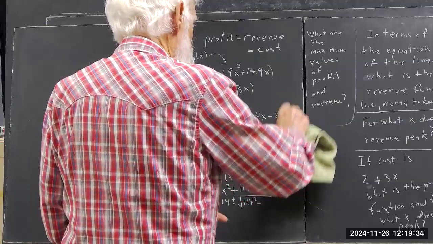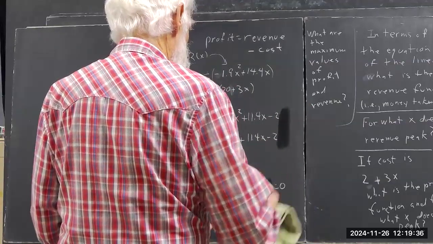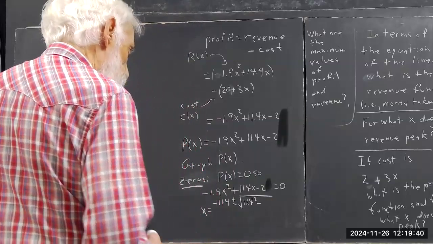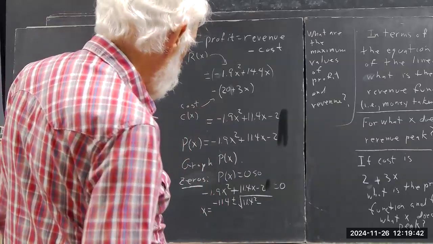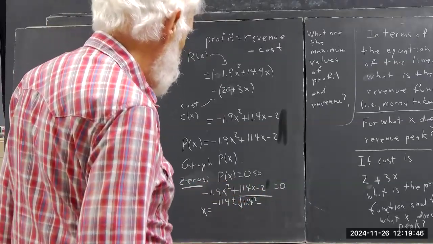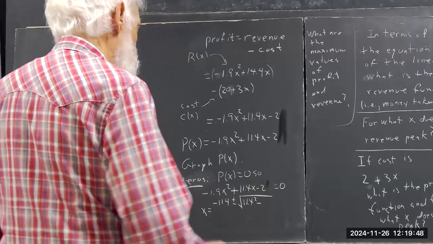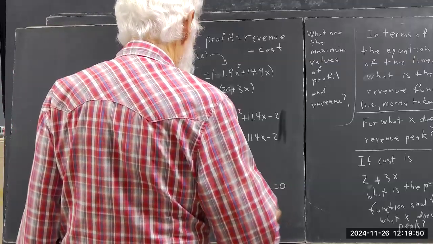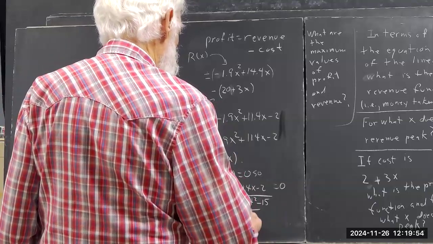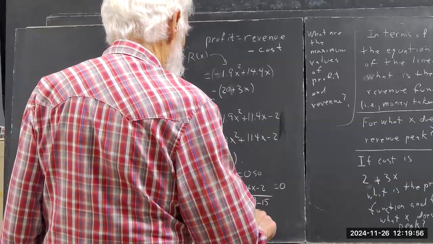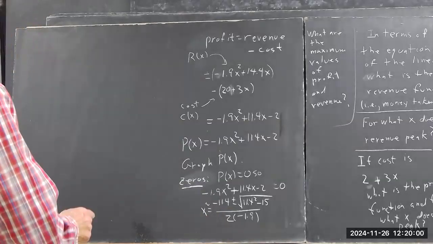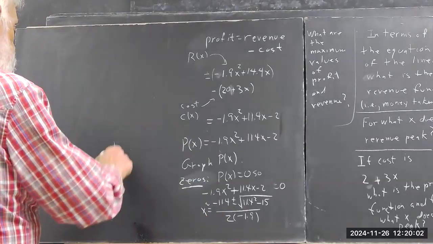Okay, so let's go with -2 here. And now, 4AC is just 8 times 1.9, which is approximately 15. And then -b over 2 times -1.9. Well, right there, we have almost everything we need in order to start the graph.